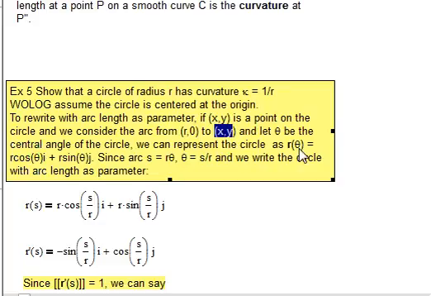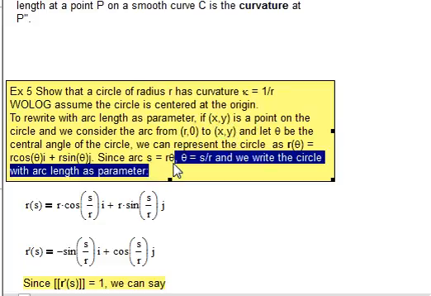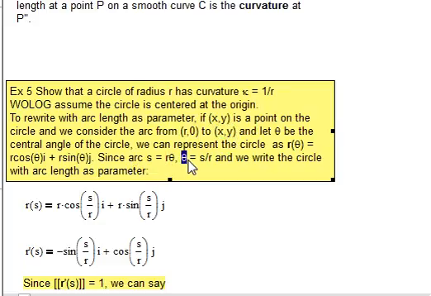We can represent the circle as r of theta equals r cosine theta i plus r sine theta j. Since the arc length s is r times theta, then theta equals s over r, and we can now write the circle with arc length as parameter.